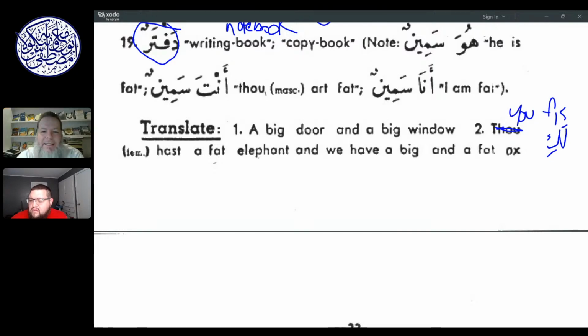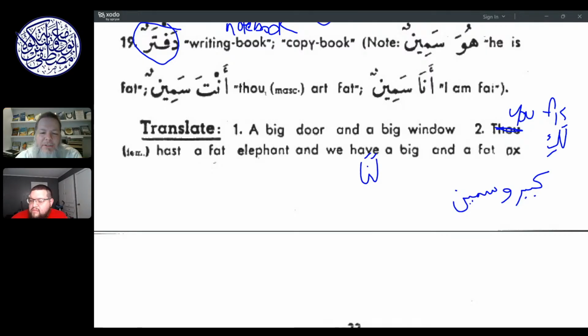Okay, you have a fat elephant, and we have a big fat ox. No, you would say what? Kabirun wa saminun. No problem. Excellent. You did a good job.